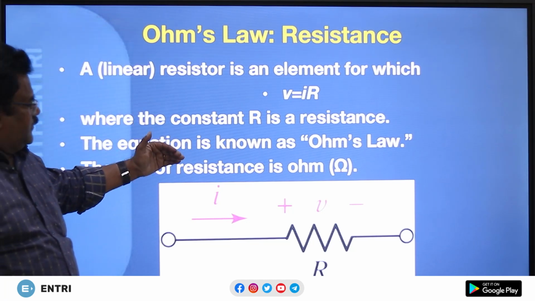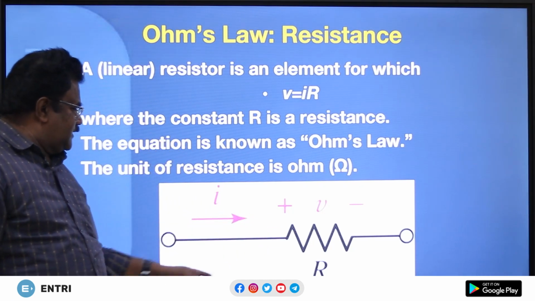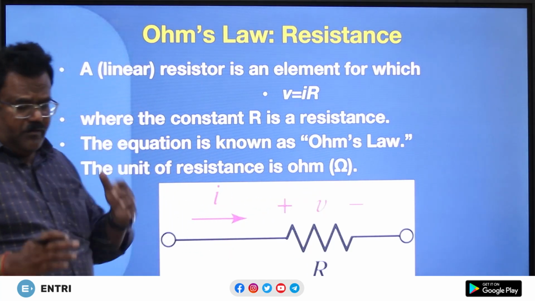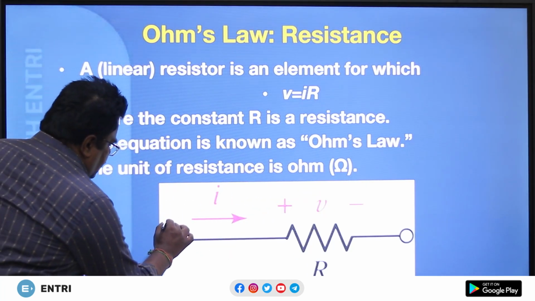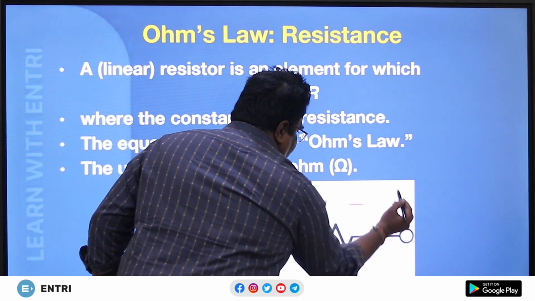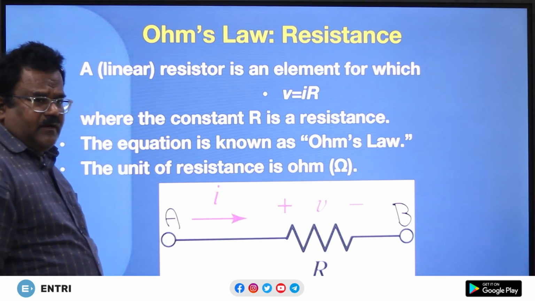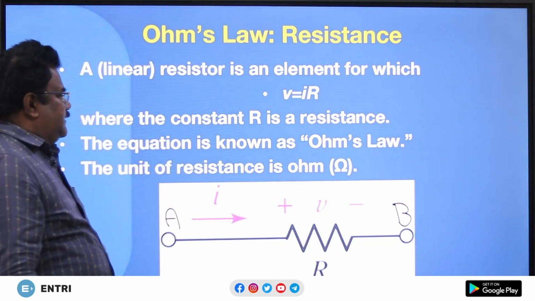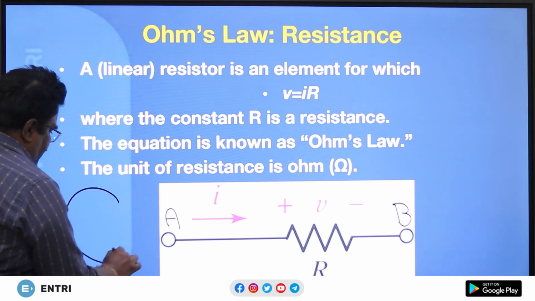Generally, this is the actual Ohm's law. A resistor is taking a current passing through it, and you will get a voltage V. Here, nobody will tell you the actual concept. These are called the two terminals A and B. What is meant by A and B? Between any two terminals, suppose there is a very big circuit.